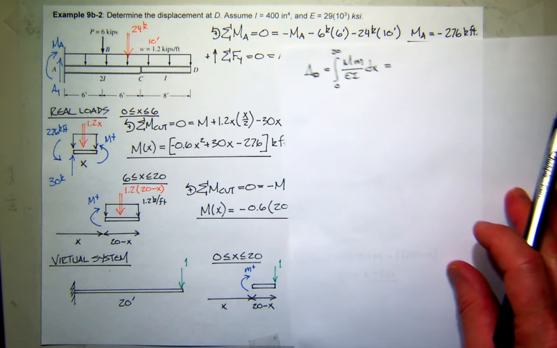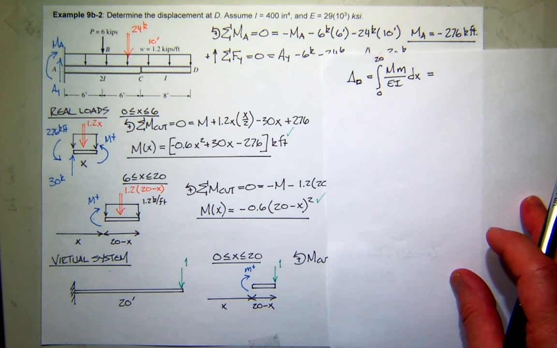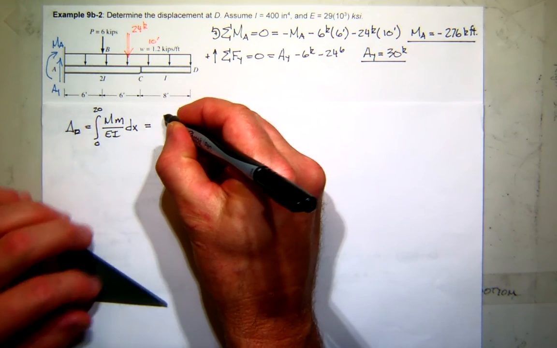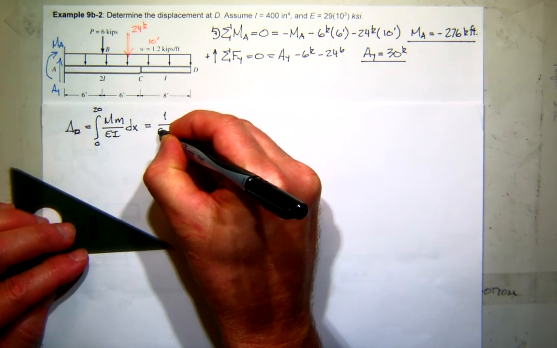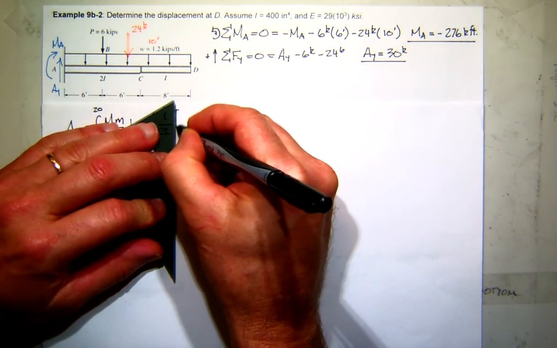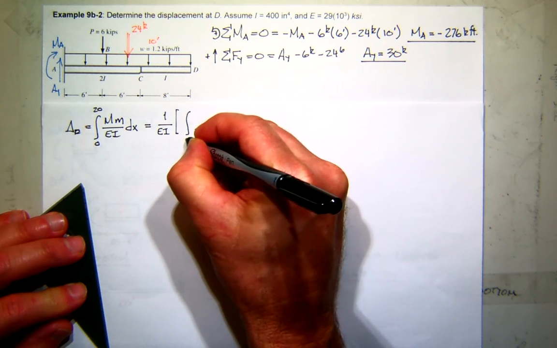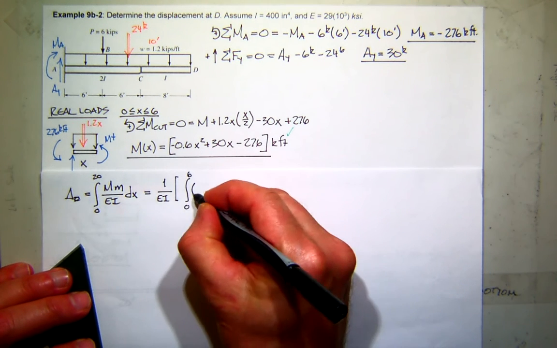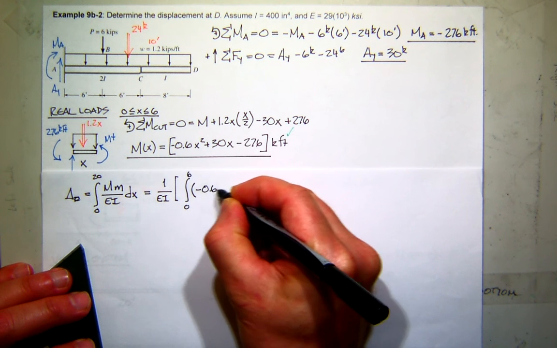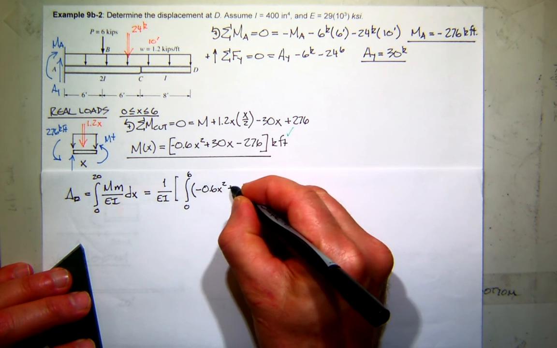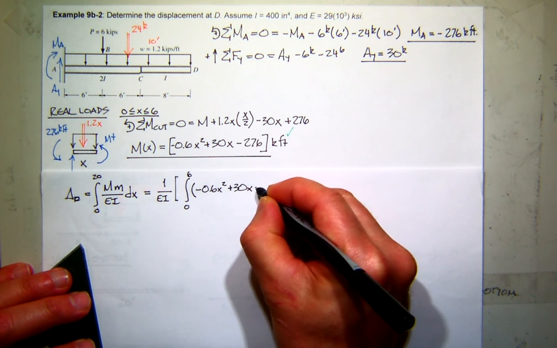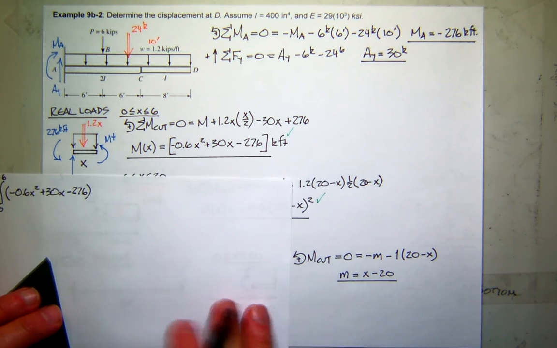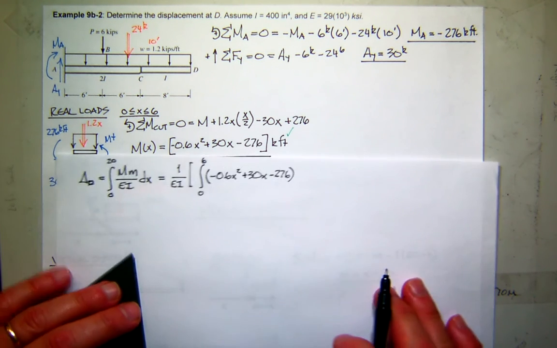And down here we found the virtual one was good for the whole length. So I'm going to take the 1 over EI out to save me a little work. It's going to turn into an integral from 0 to 6. The real moment from 0 to 6 is minus 0.6 x squared plus 30x minus 276. That's the real moment, and the virtual moment is x minus 20.